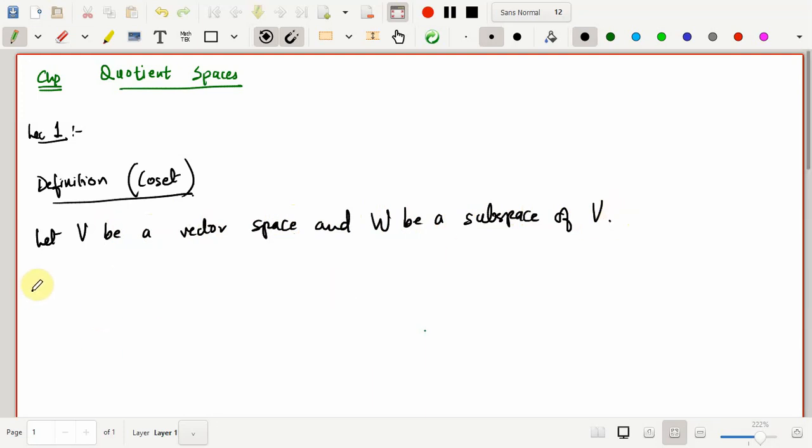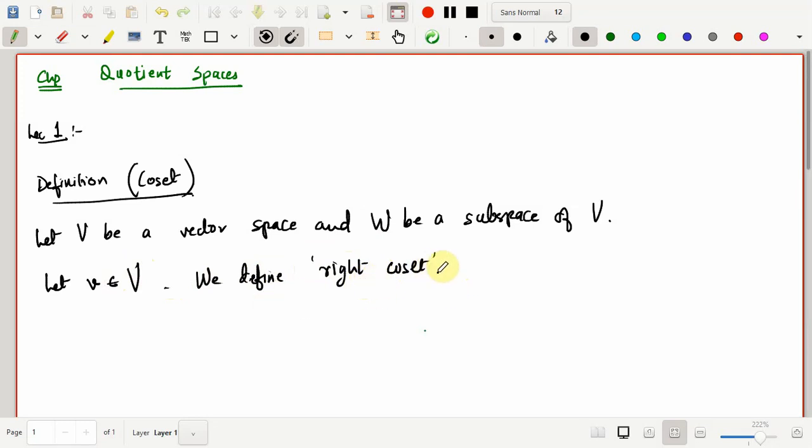Let me fix a point v, small v, in this vector space V. Then we define the right coset. Basically we have two kinds of coset. One is called the right coset, the other is called the left coset.